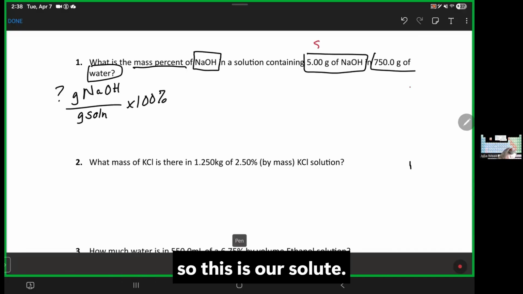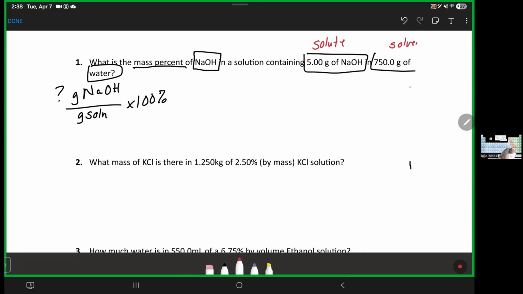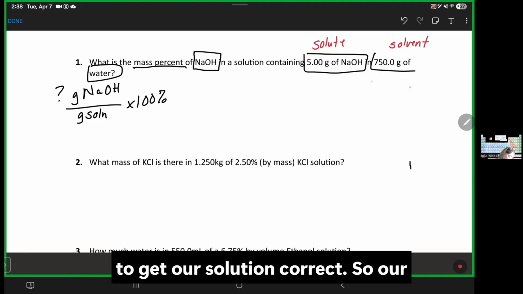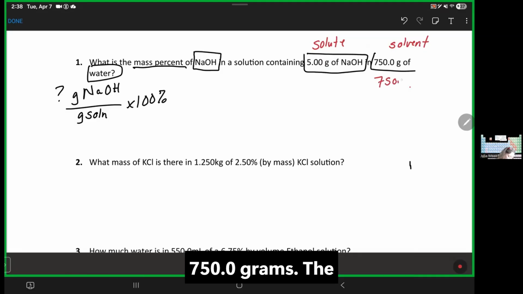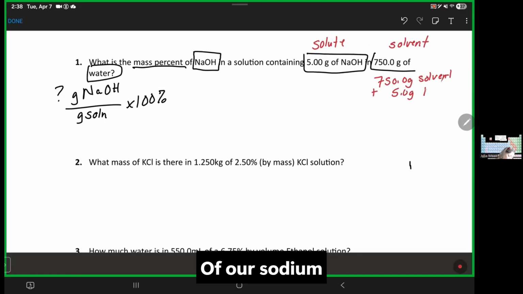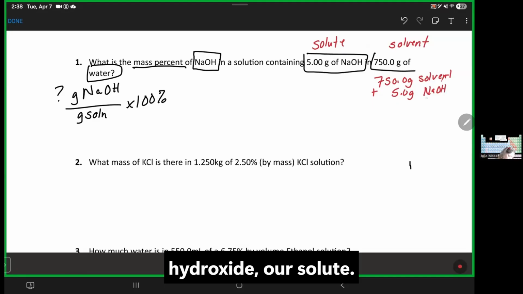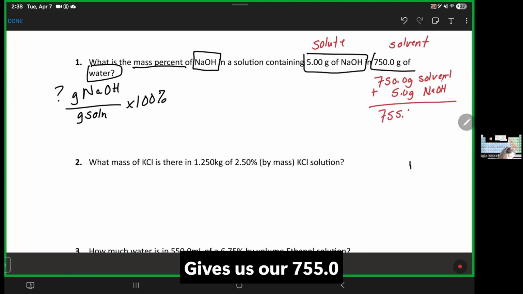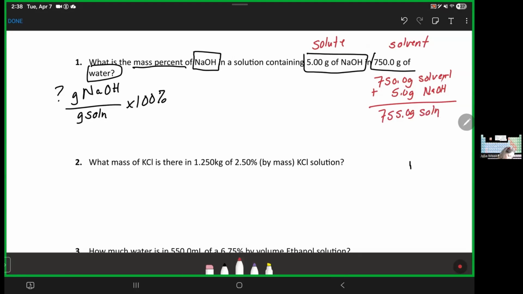So this is our solute. This is our solvent. So we have to add those together to get our solution, correct? So our 750 grams of solvent plus our 5 grams of our sodium hydroxide, our solute, gives us our 755 grams of solution.